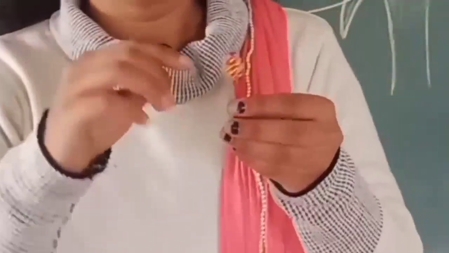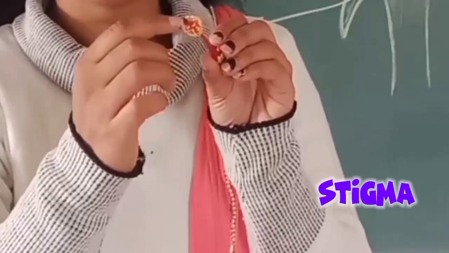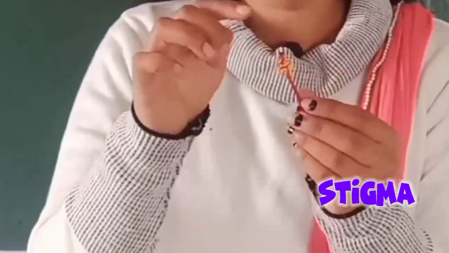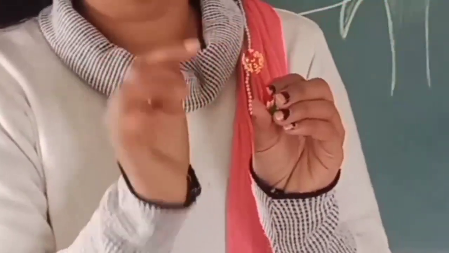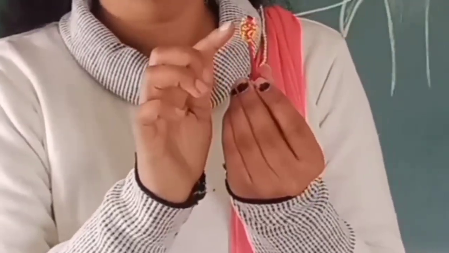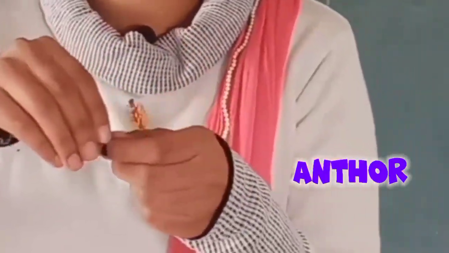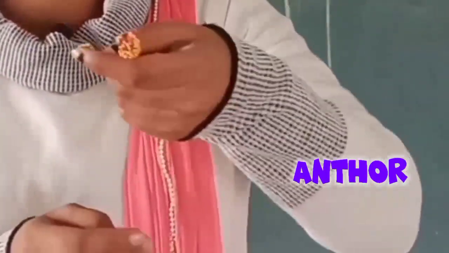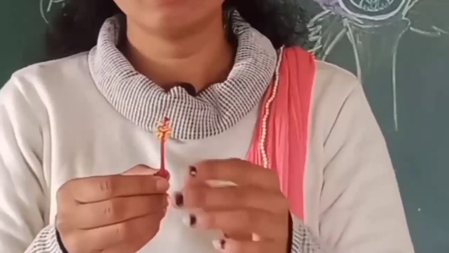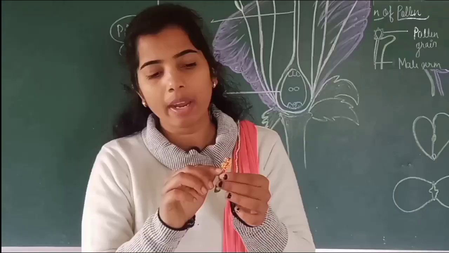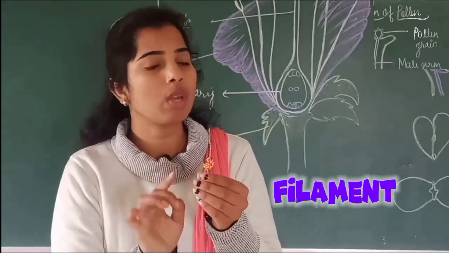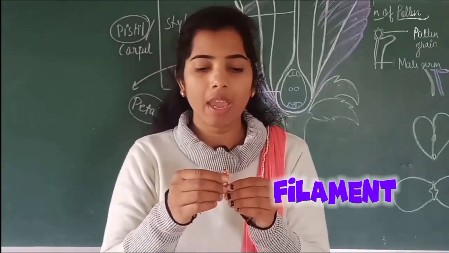And this is the stigma. The red portion at the center of the flower is known as the stigma, and this yellow part is known as the anther. The anther is joined with a structure known as the filament.